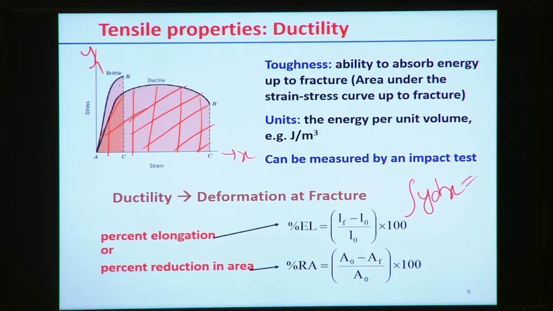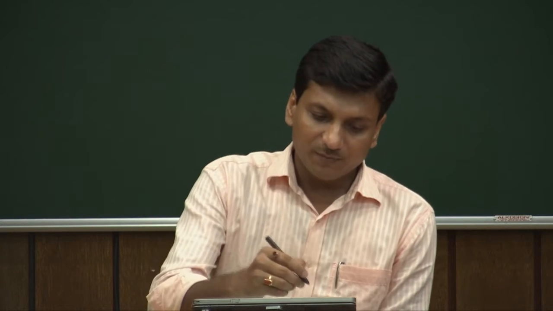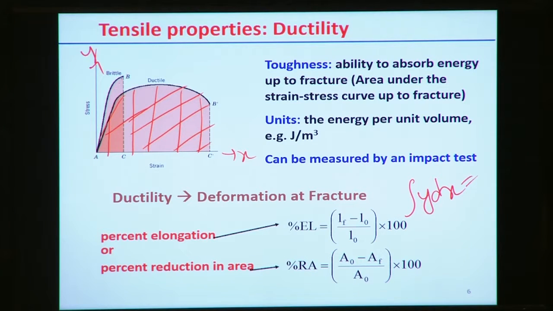For example, if it is a brittle material, the total deformation, the plastic deformation zone, is very small as compared to the ductile material.